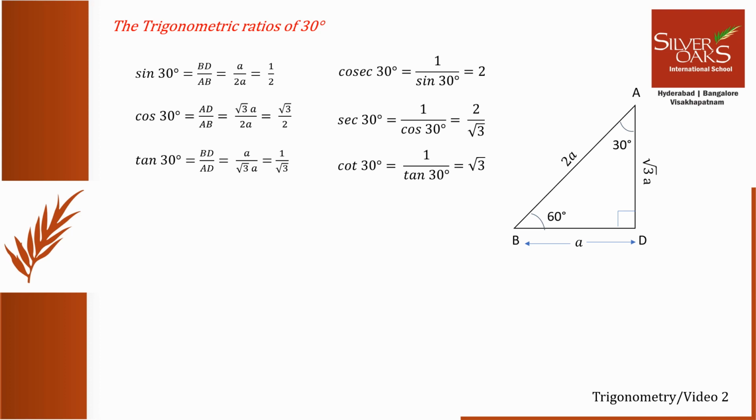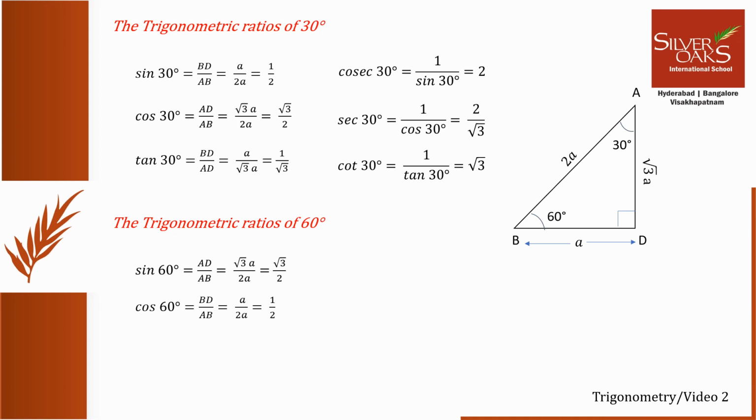Similarly, we find the trigonometric ratios of 60 degrees. So here sin 60 is opposite, which is AD, and hypotenuse is AB. AD is root 3A and AB is 2A, which is equal to root 3 by 2. Cos 60 degrees is equal to adjacent to angle B, which is BD by AB.